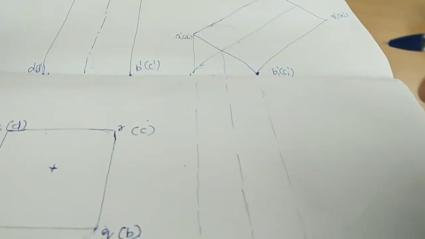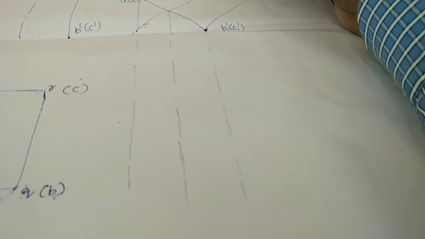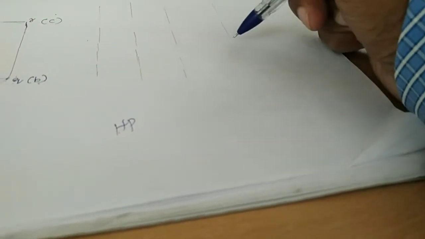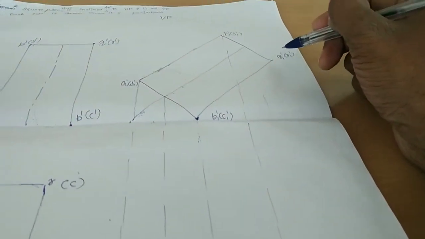The bottom side is ABCD, the base of the solid, and the top portion is PQRS. You have to project each corner of the top and bottom portions towards the horizontal plane.